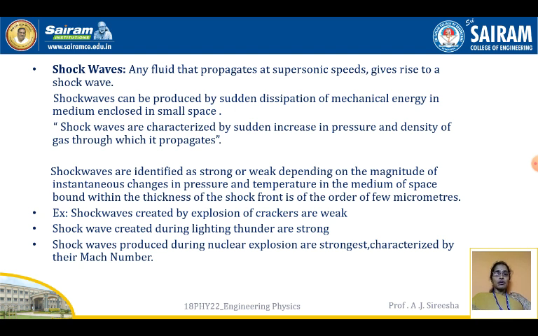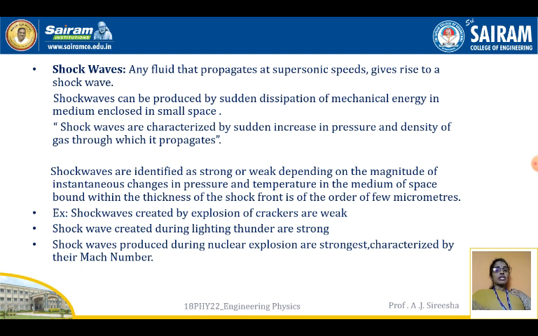Shock waves can be produced by the sudden dissipation of mechanical energy in a medium enclosed in a small space. Shock waves are characterized by a sudden increase in the pressure and the density of the gas through which they propagate.